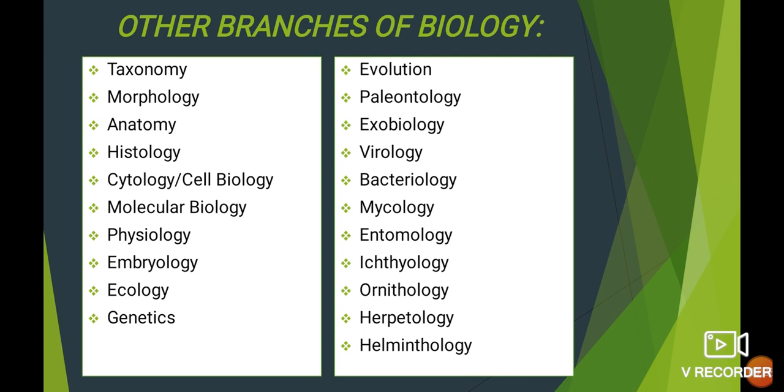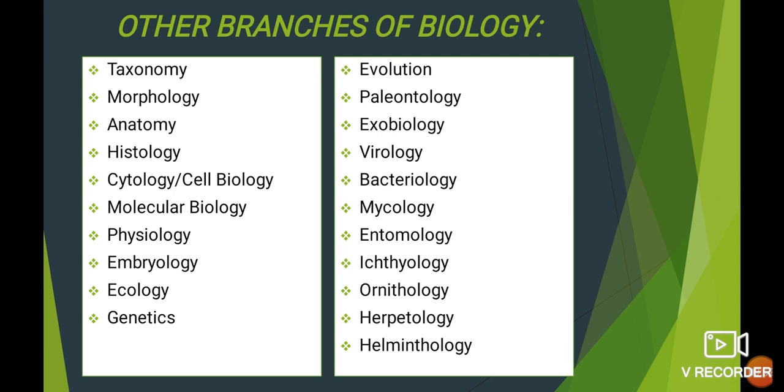And then next, we have paleontology. Paleontology is the study of fossils or remains. Next, we have exobiology. Exobiology is the branch of scientific inquiry dealing with the possibility of life in outer space. Next, virology is the study of viruses.